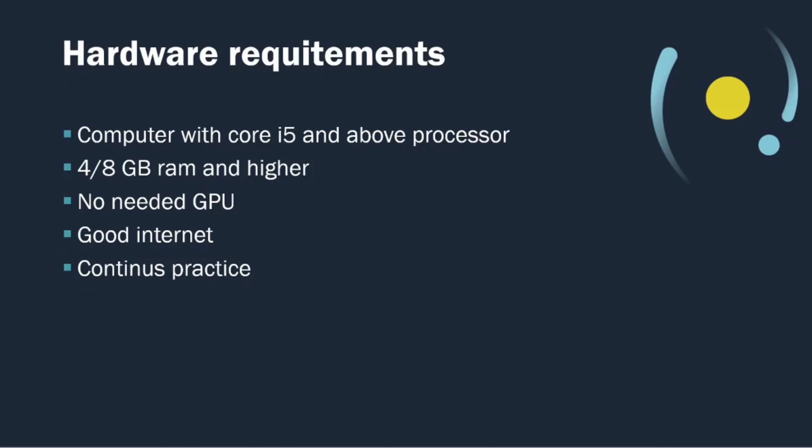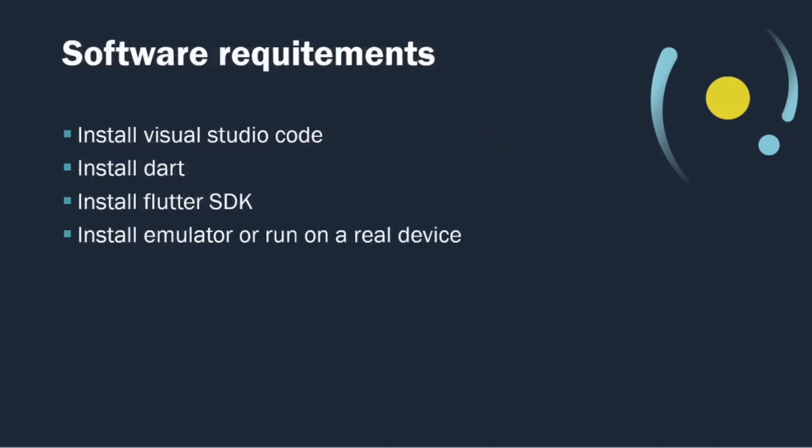For the GPU, we can just say no GPU is required. The GPU is simply not very important in this course. We're also going to need a good access to the internet, and eventually we have to be continuously developing and practicing Flutter.